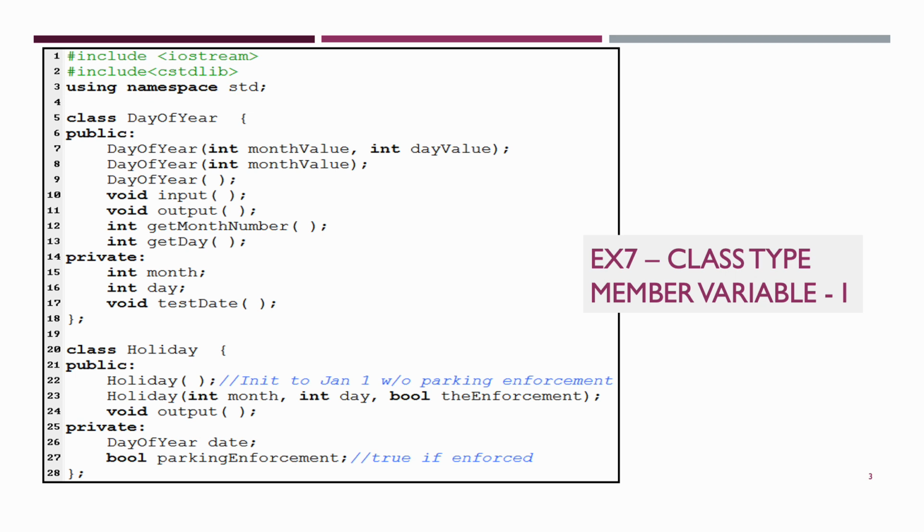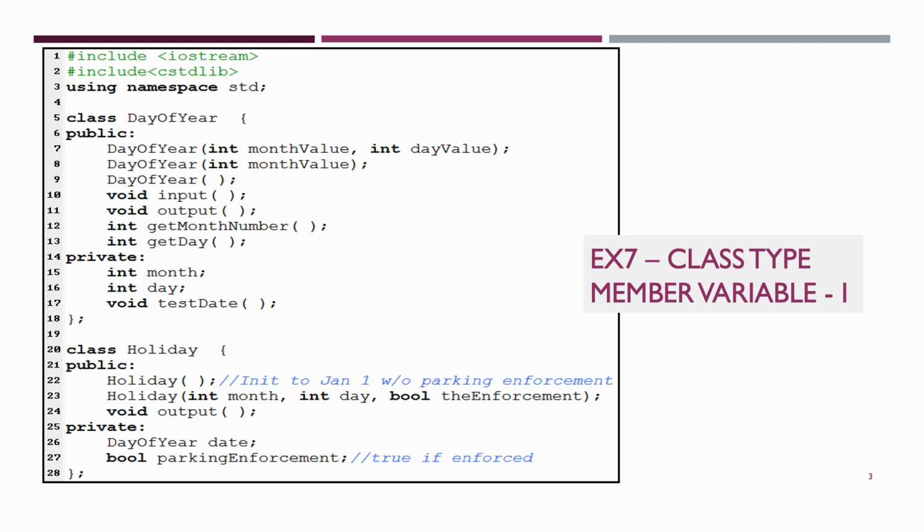The day of year class represents a day of the year with two attributes. First is month and day, which are stored as integers, and these attributes represent a specific date. The class has a variety of methods such as constructors, which initialize the object with either a month and day or just the month.